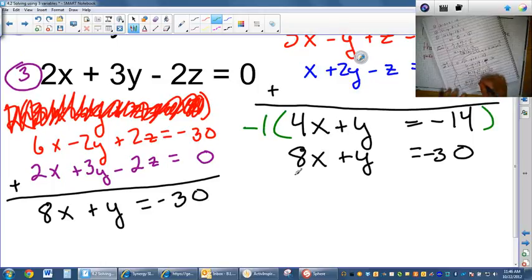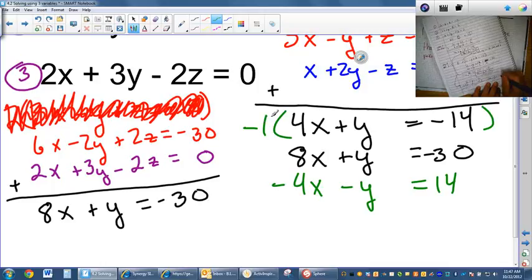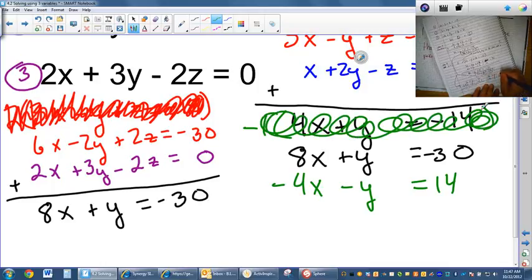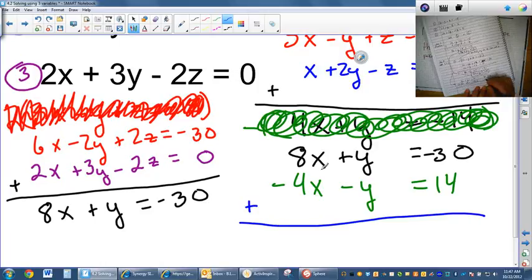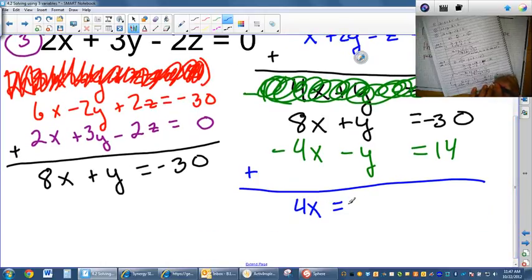My new equation is negative 4x minus y equals 4. Once again, I always cross off what I just manipulated. So when you combine these, you get 4x equals negative 16.